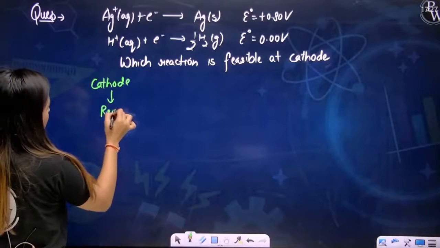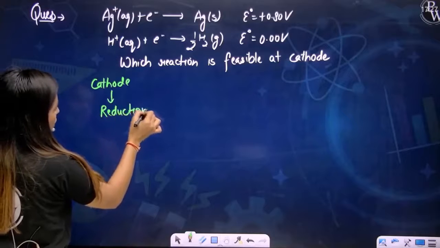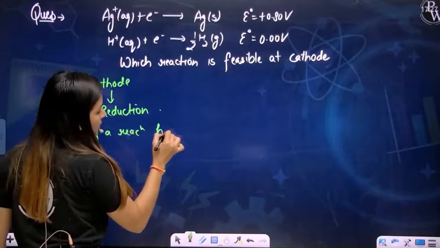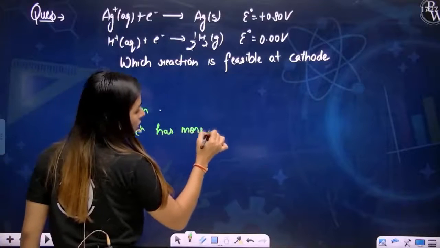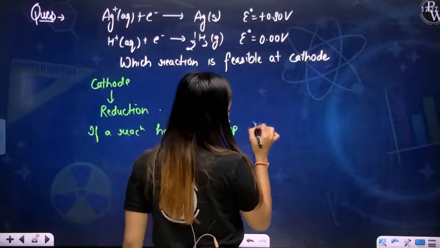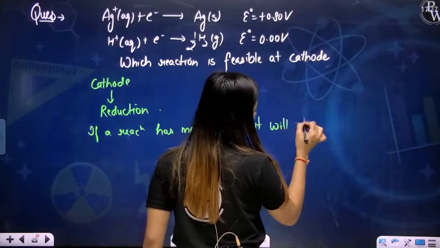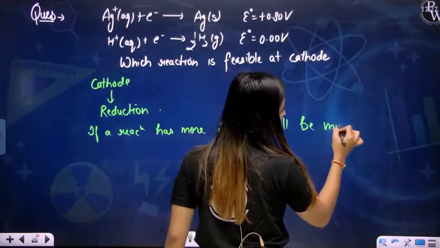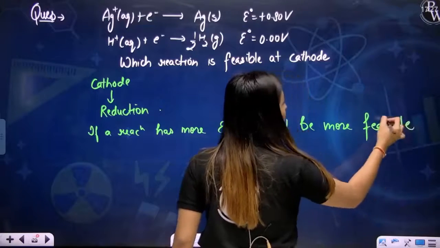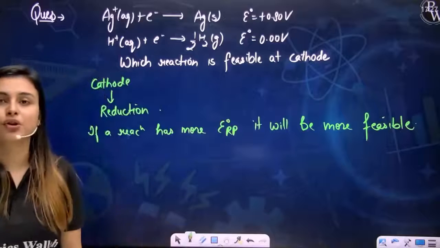Reduction takes place. So if a reaction has more reduction potential, it will be more feasible.